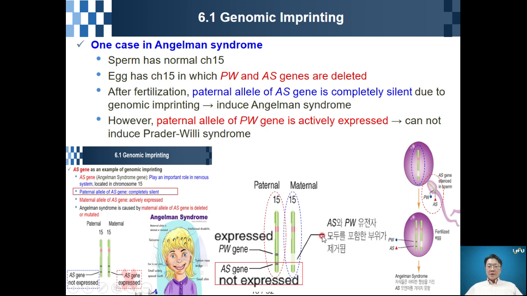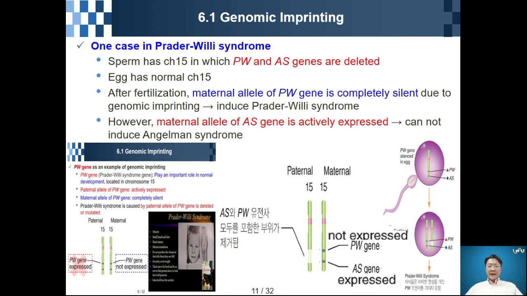However, even though the PW gene is deleted, the paternal allele of the PW gene can be actively expressed, and in this case it cannot induce Prader-Willi syndrome, even though the PW gene is deleted. Okay.